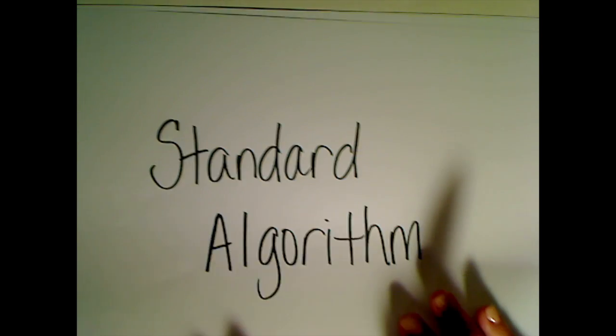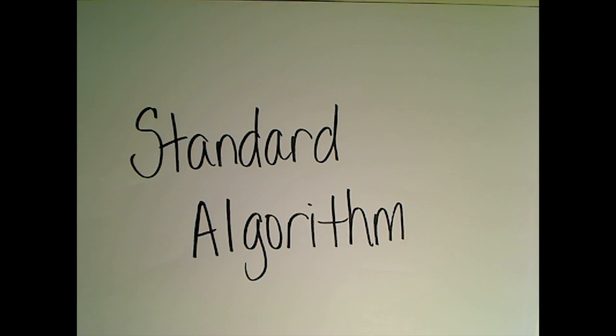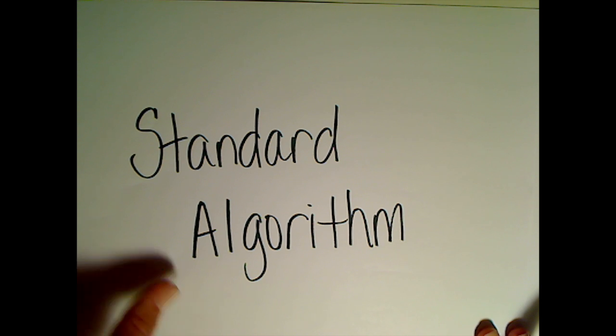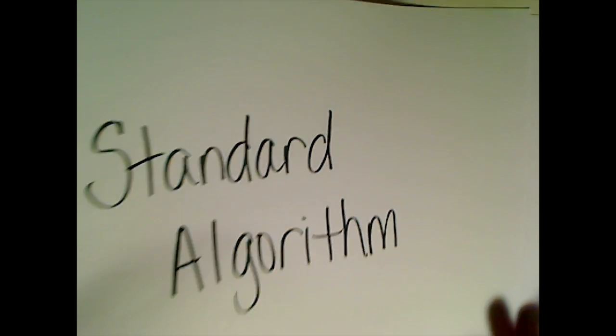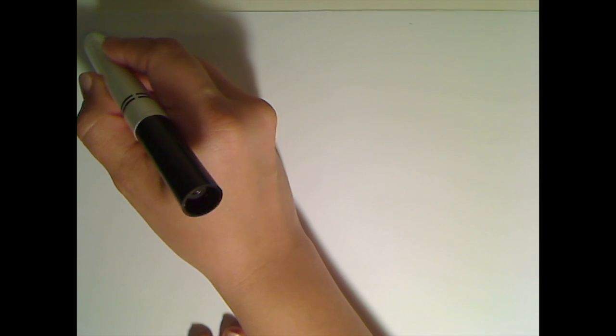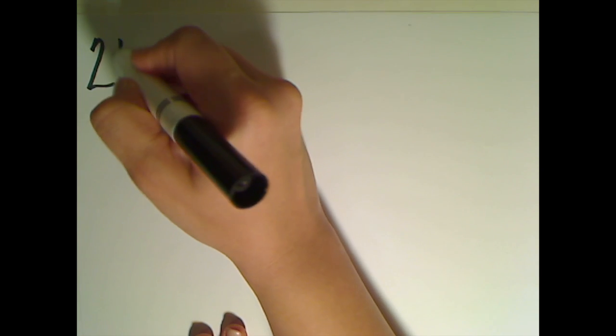Good deal. And our final method that we're going to go over, in which you need to be fluent in 5th grade, is the standard algorithm. The standard algorithm is something that I was taught and only taught. I think it's kind of cool that y'all have been taught the box method and the lattice method. But the thing about the standard algorithm, it's efficient.